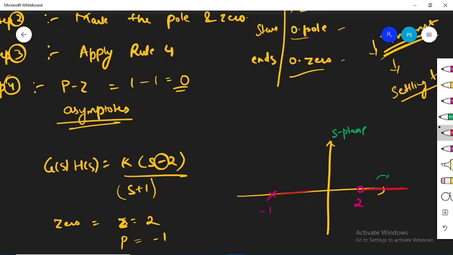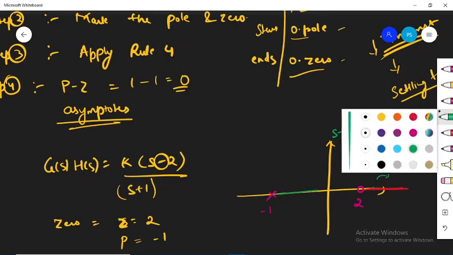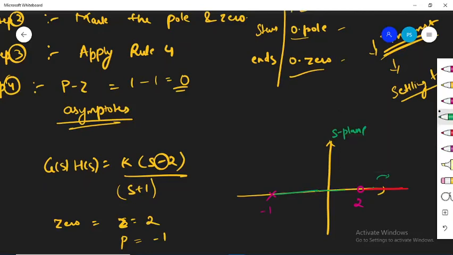Similarly, the root locus will lie on this portion, okay, and then again it won't lie on this portion.